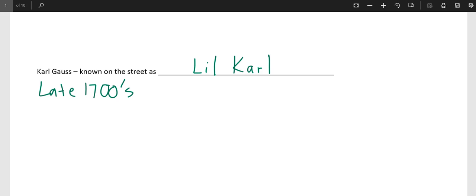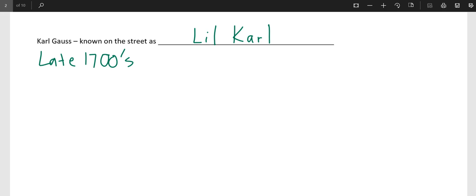He's in first grade. He gets in trouble. His teacher says that he has to stay in for recess, and as a punishment, he has to add the numbers from 1 to 100. Now, little Carl, being the genius that he is, walked up and wrote down 5,050, which is the correct answer.